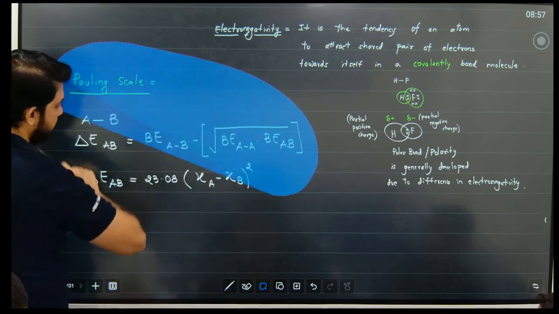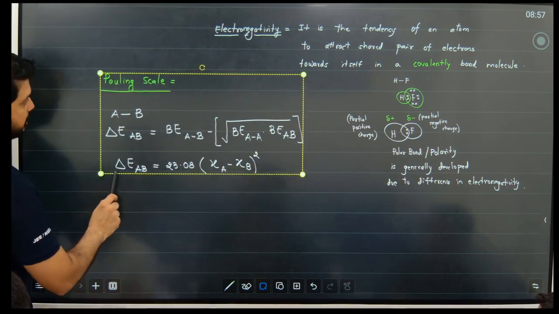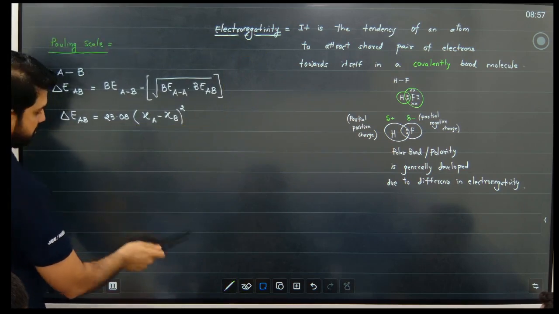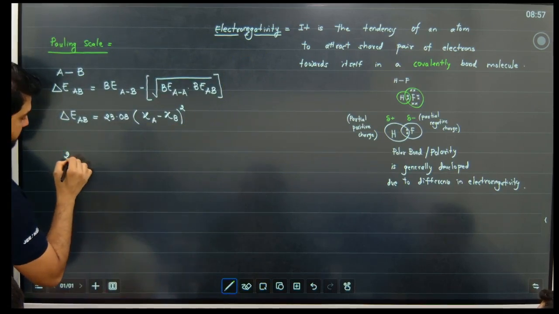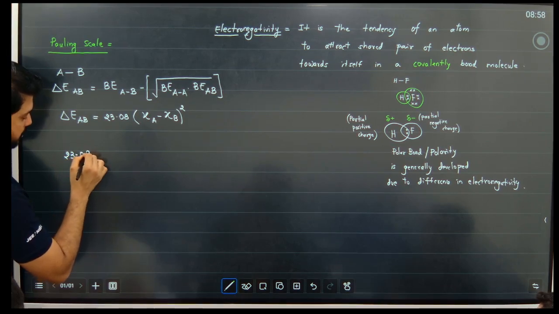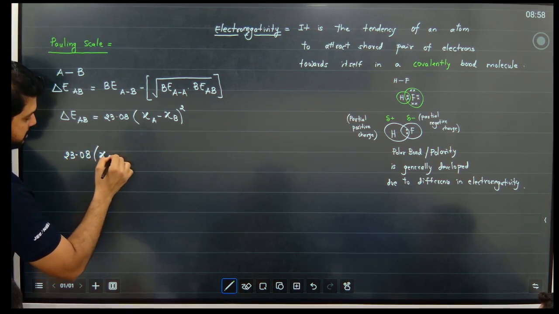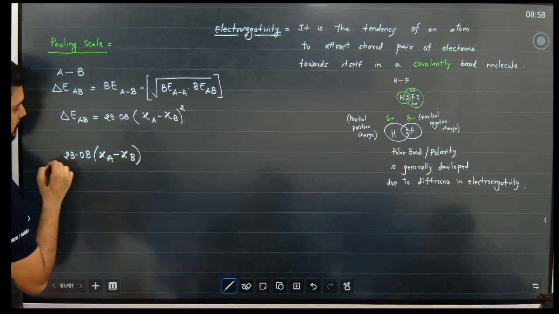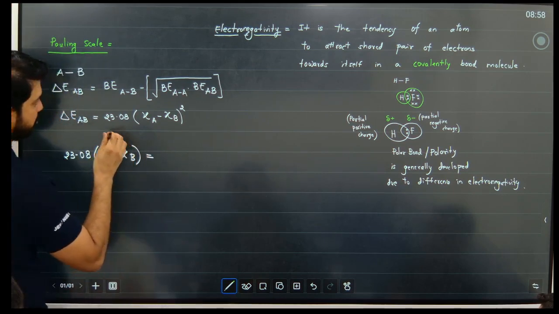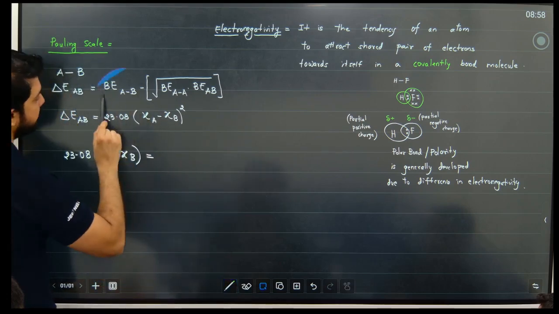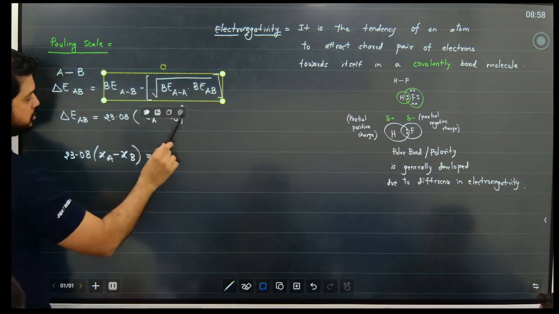Or the entire formula can be written together as 23.08 XA minus XB, the whole squared, is equal to this quantity.